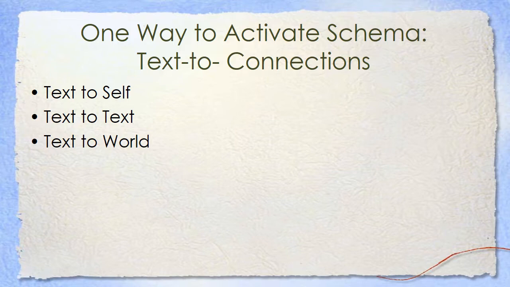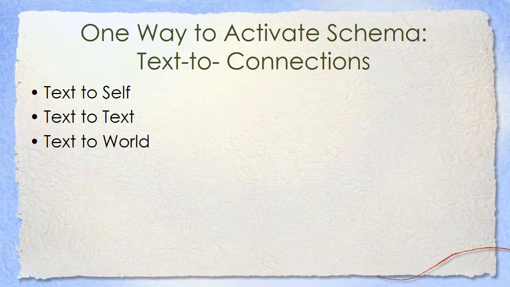One great way to activate schema is to use text-to connections. I think these are fairly self-explanatory, but I like to review those briefly. So text to self really means, how does this information relate to you and your own experience?